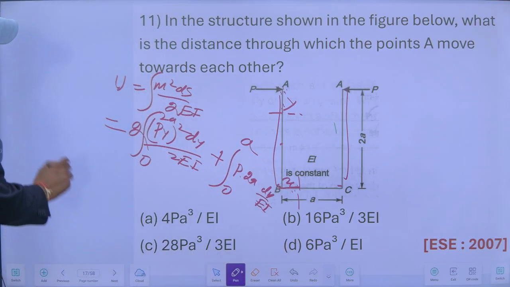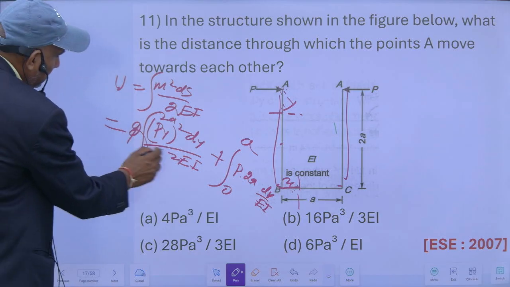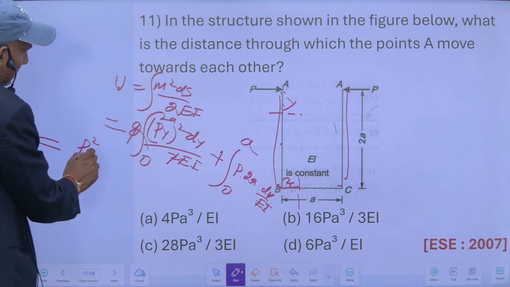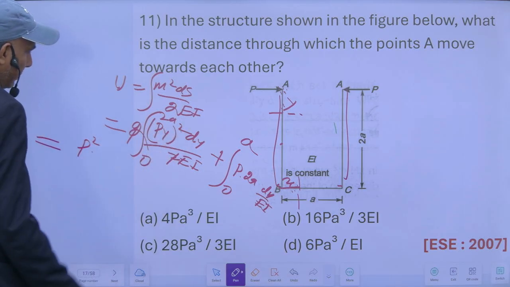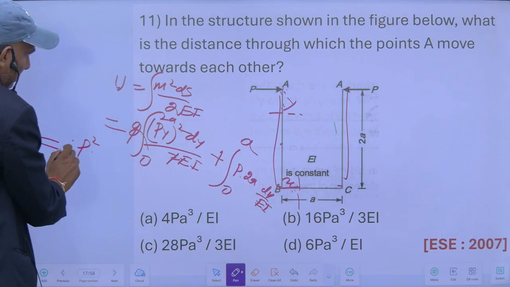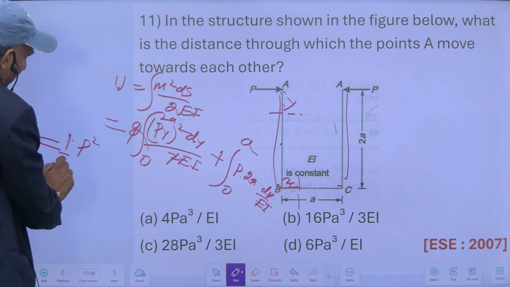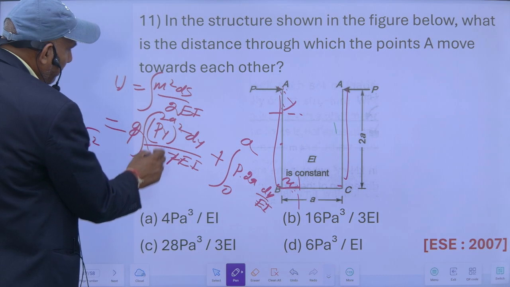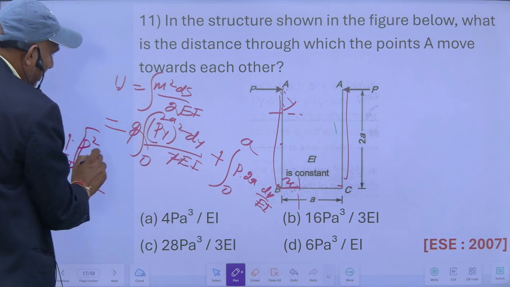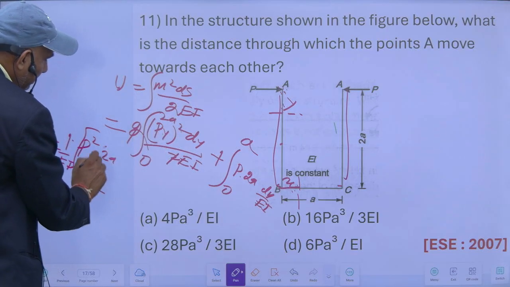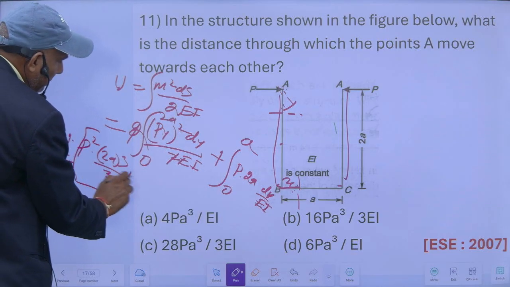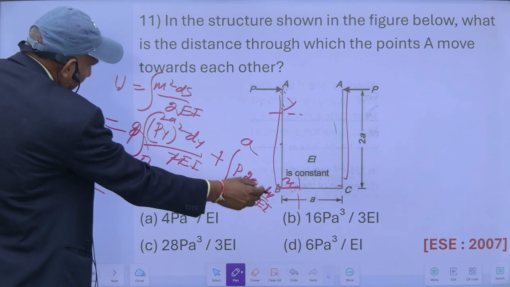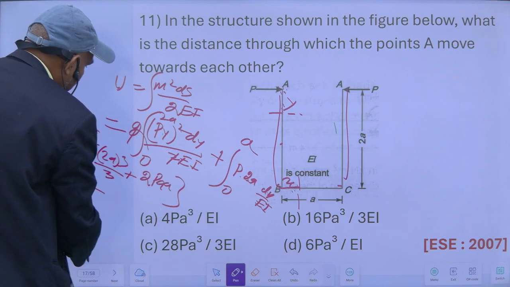And this will be P square into y square. EI I can take common, 1 upon EI, so it will be P square into y square dy, so it will be y cube upon 3 plus this will be 2Pa, M is P into 2a, and square of this.